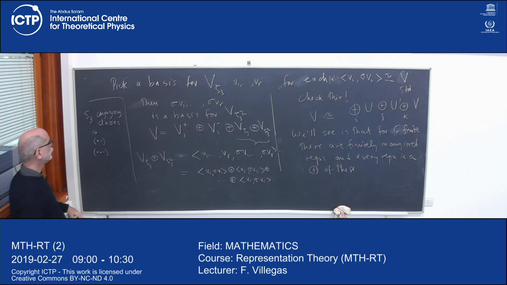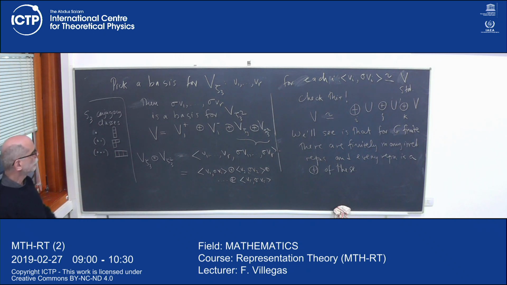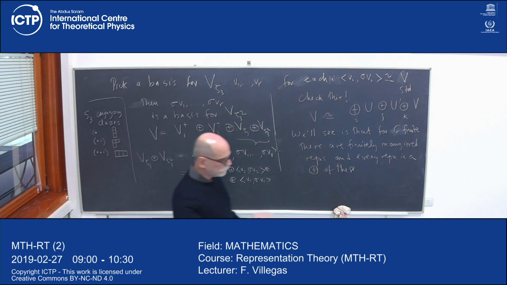Okay, and the conjugacy classes are indexed by these cycle types, and they themselves are indexed by partitions of the number n, which can be described by these pictures, which you may have seen. So it consists of n boxes in rows.